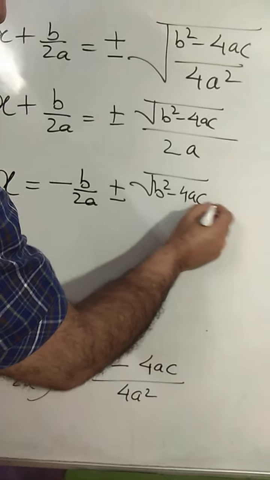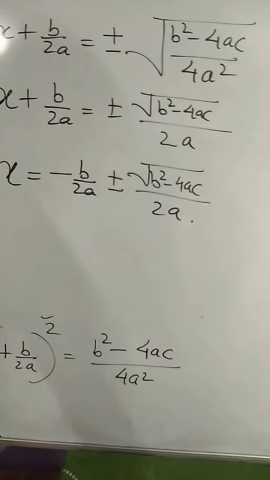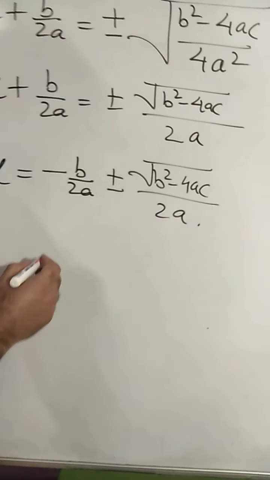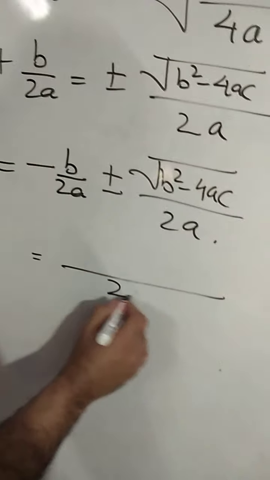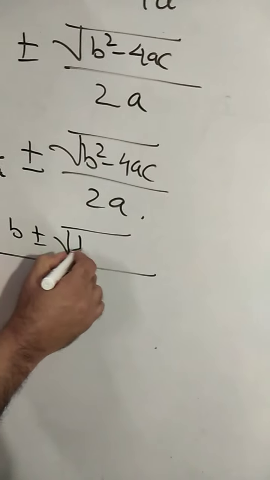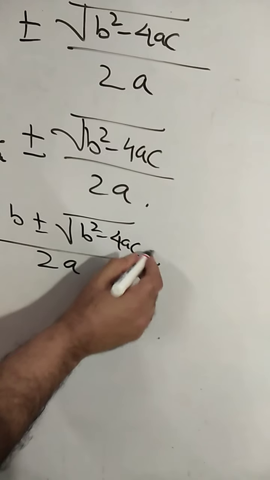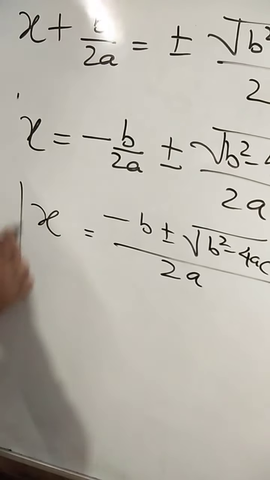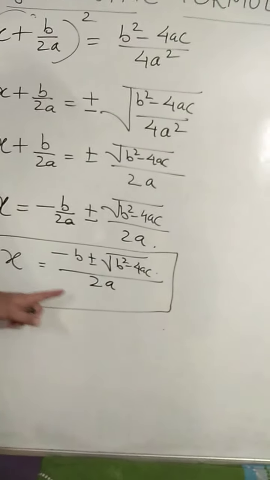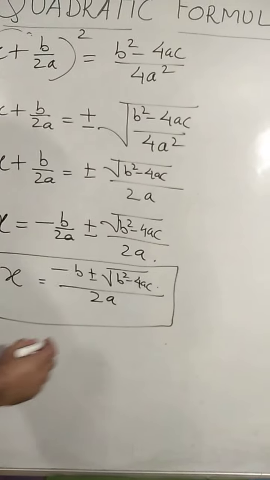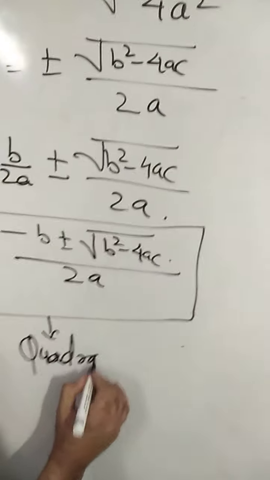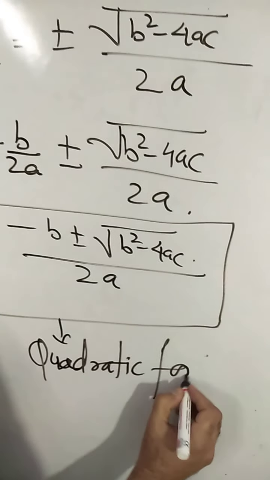Let us take the LCM again. 2a, LCM is simple in this case. Denominators are the same, so that is the LCM, 2a. So x equals minus b plus minus square root of b square minus 4ac, over 2a. This formula, the value of x we got, is called the quadratic formula.